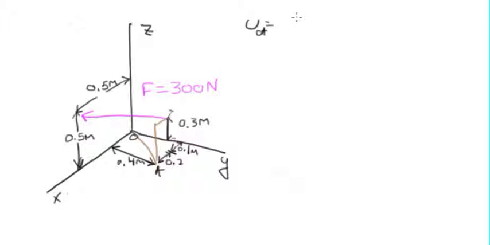You're going to see that the vector goes over 0.3 meters in the I direction. You can see that here, and then it goes over 0.4 meters in the J direction.